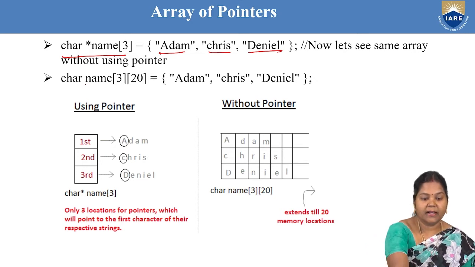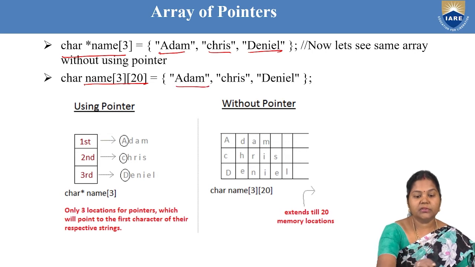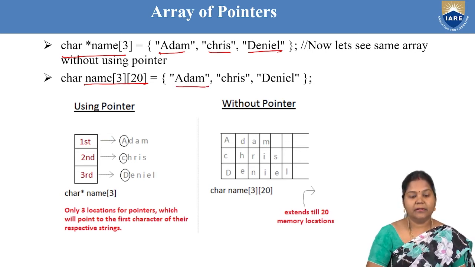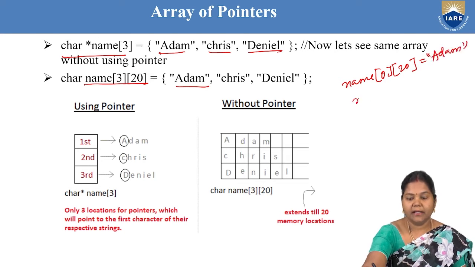We write a two-dimensional array where in the first row there is a name. So, name of 0 with size 20 will contain the name Adam. Similarly, name of first row with size 20 contains Chris, and so on.